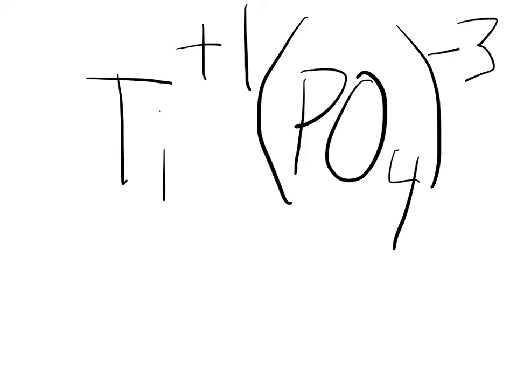So, Ti plus 1 will not initially balance with PO4 minus 3. So how are we going to figure this out? Well, all we have to do is add some more titanium.